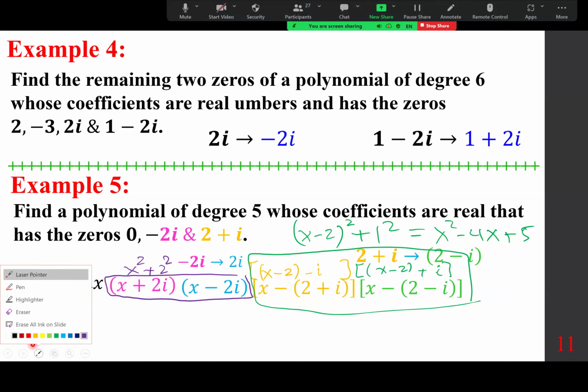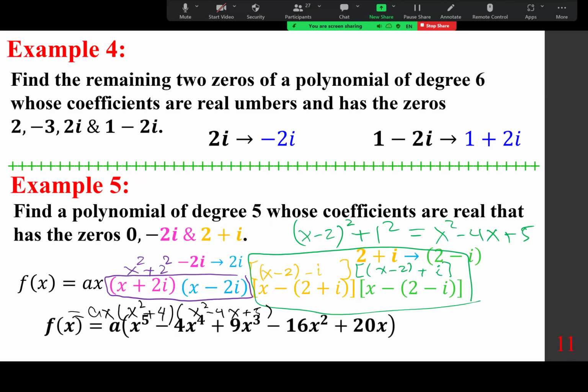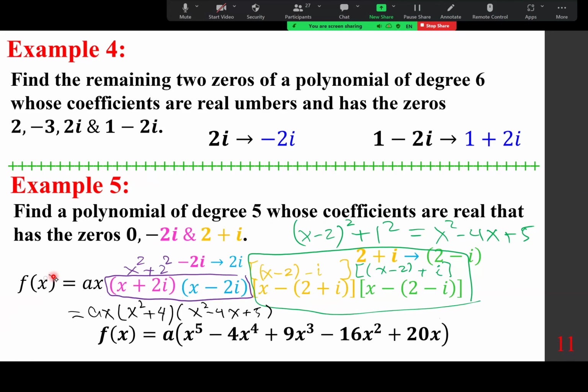So it would become equals ax x squared plus 2 squared is 4. X minus 2 quantity squared is x squared minus 4x plus 4, and then 1 squared makes it plus 5, okay? X squared minus 4x plus 5, and this would be the final answer, x to the power 5 minus 4x to the power 4 plus 9x cubed minus 16x squared plus 20x. You can try this on your own.